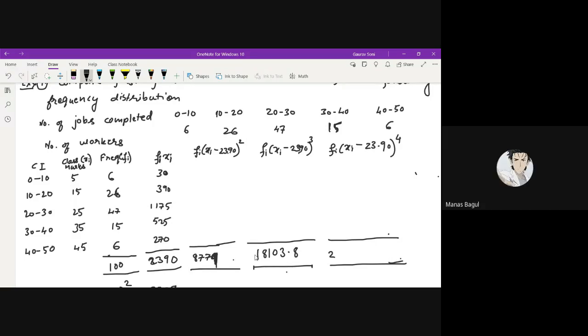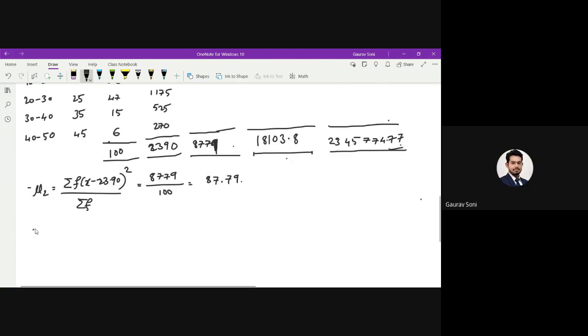For the fourth column, the sum is 2345774.77. Yes, it is correct.